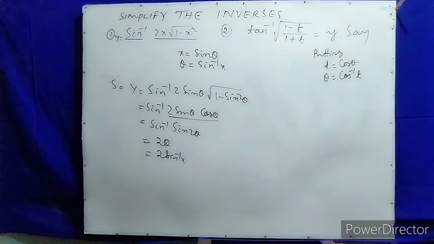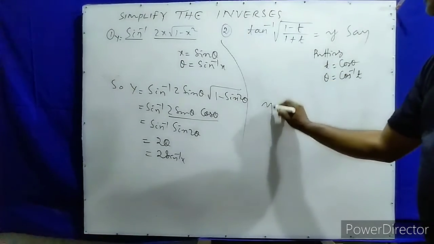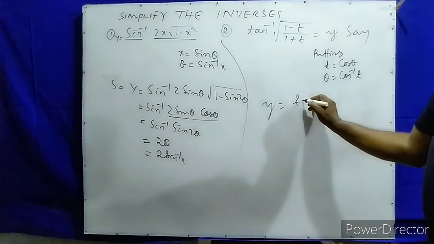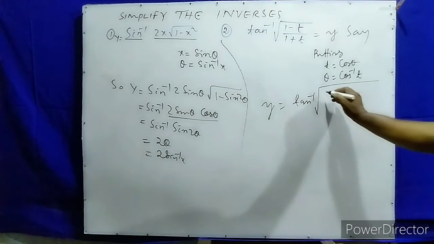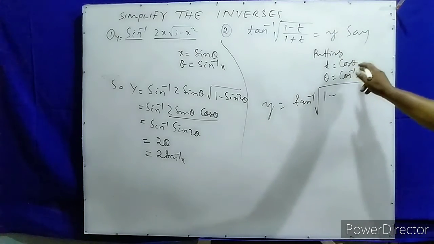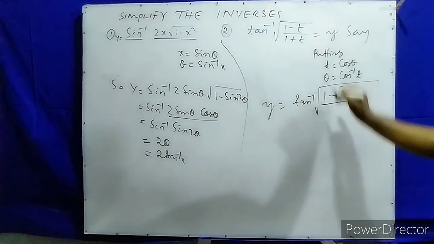Now simplify, then y equal to tan inverse, instead of root over 1 minus t over 1 plus t, we have taken cos theta, so root over 1 minus cos theta by 1 plus cos theta.